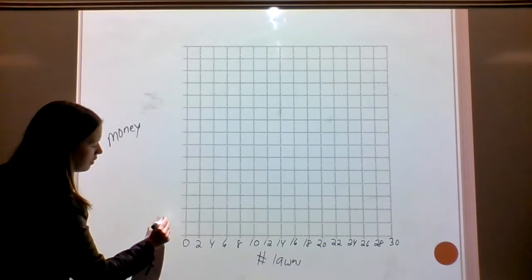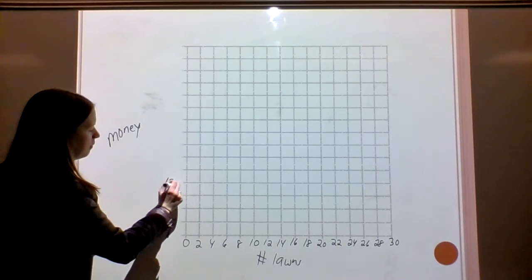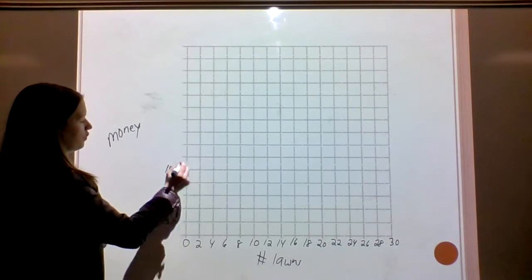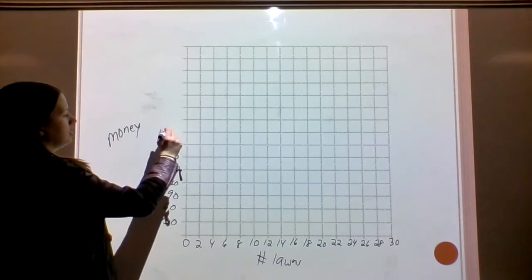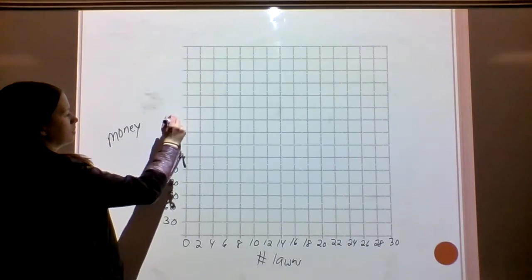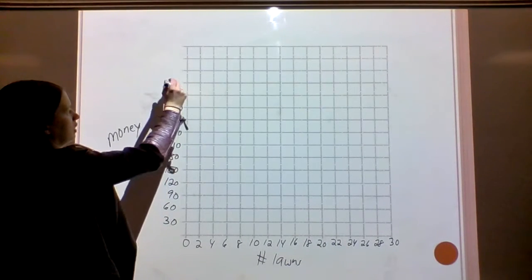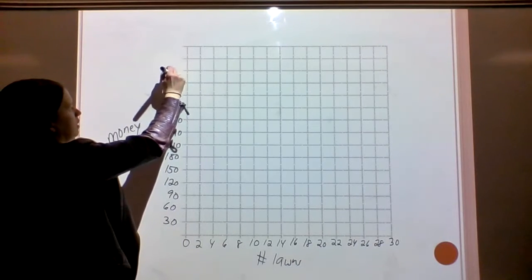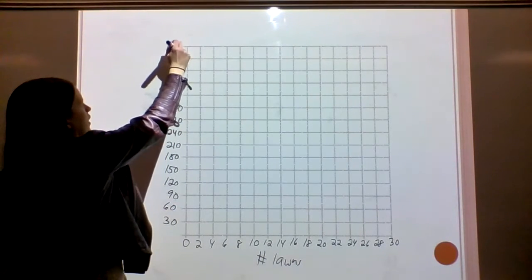So we start again at 0, so 30, 60, 90, 120, 150, 180, 210, 240, 270, 300, 330, 360, 390, 420, 450.